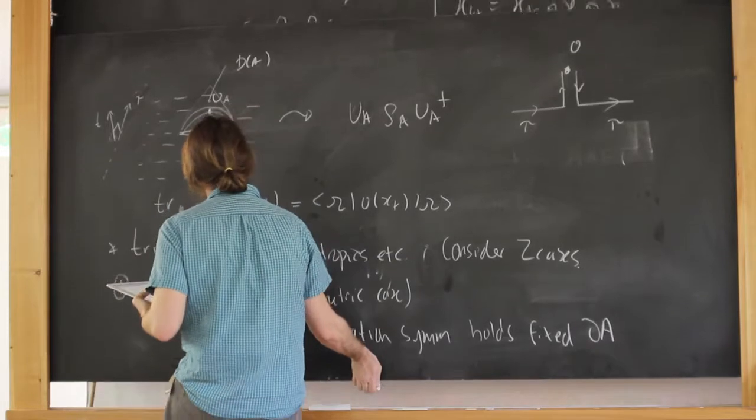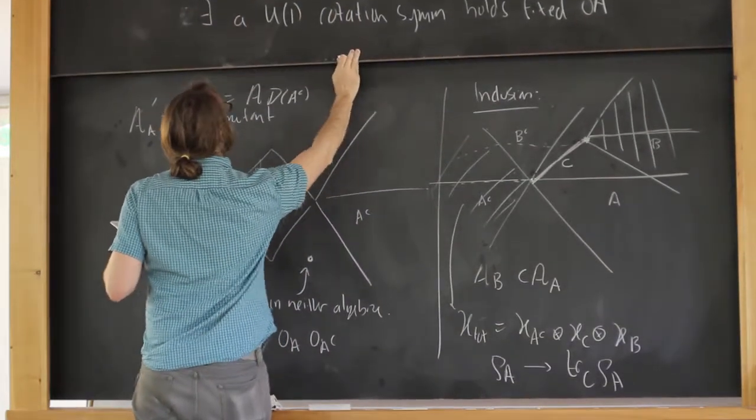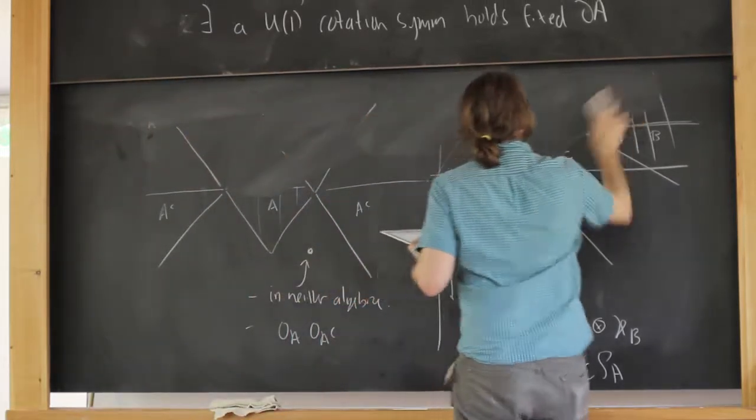And there's actually many cases like this. The symmetry could be a conformal symmetry, it could be various things. But let's just look at one case for now, which is the Rindler case.